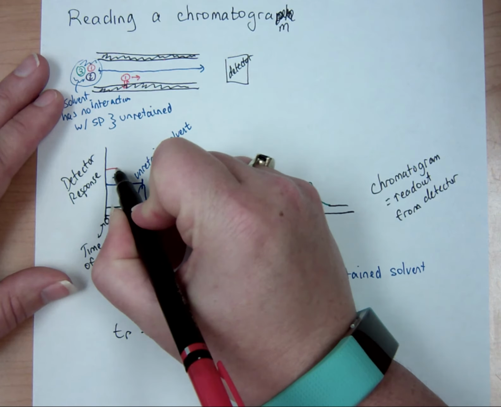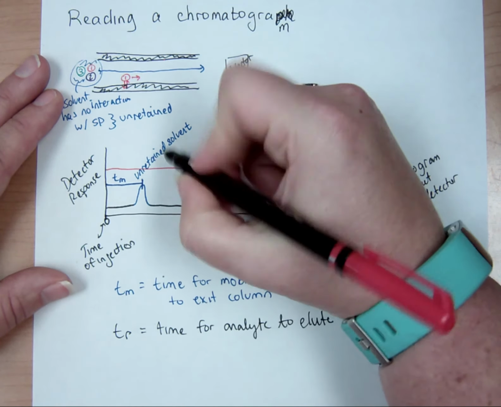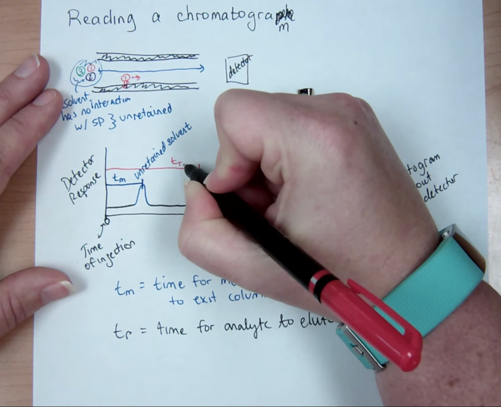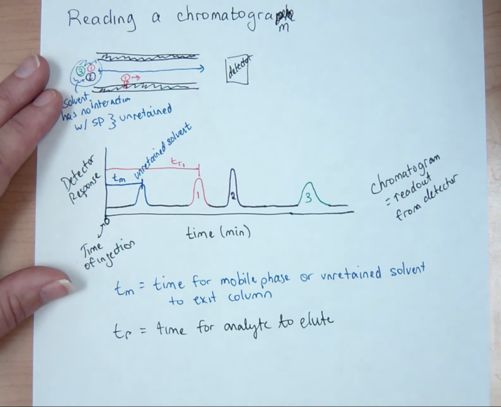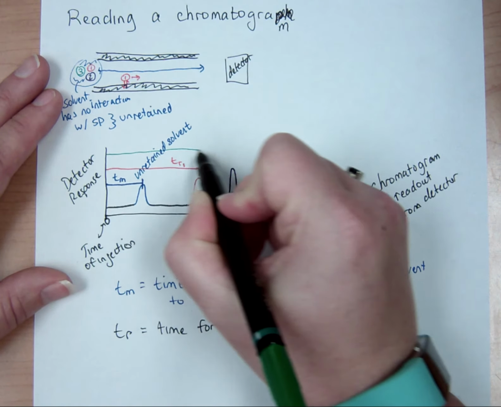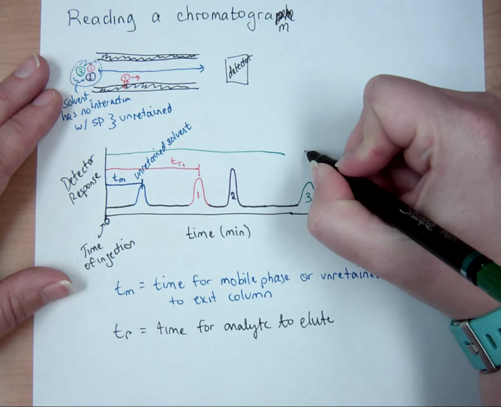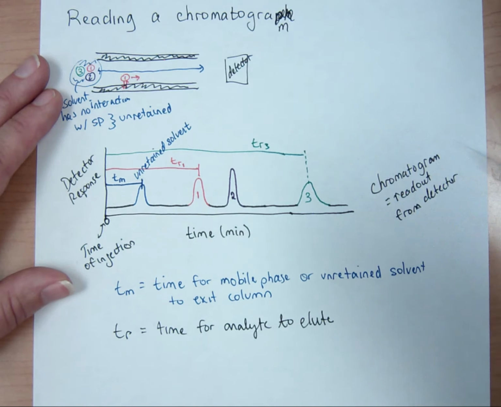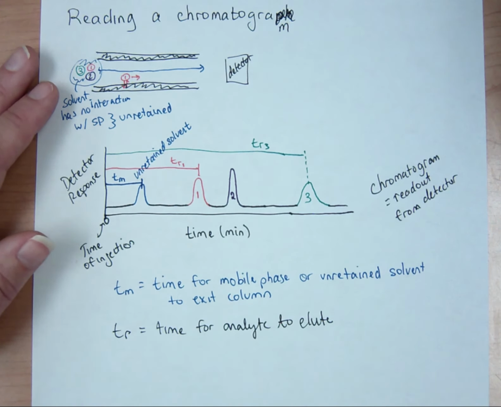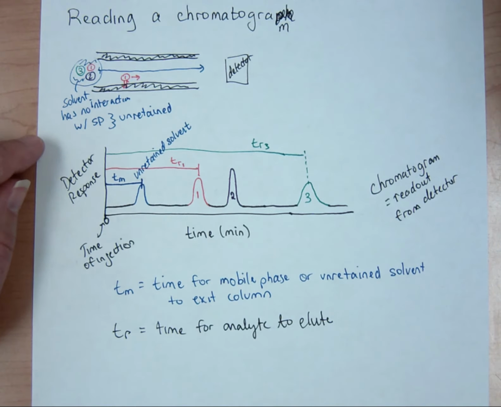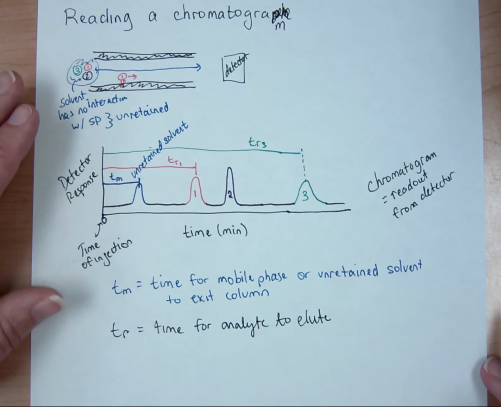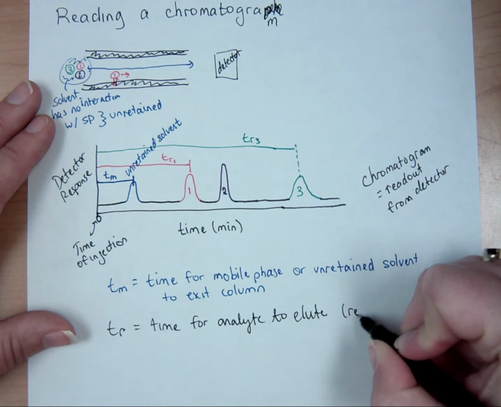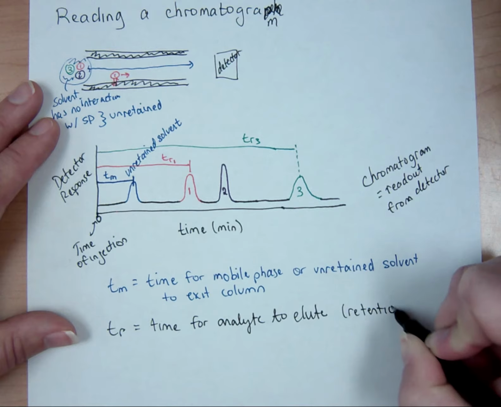So for our first analyte, we have a certain time. I'm going to call that TR1. Okay, but analyte 3 has a different TR, so I'm going to call that TR3, just to denote between our analytes. But they're both considered retention times, or the time for the analyte to elute. Retention time.